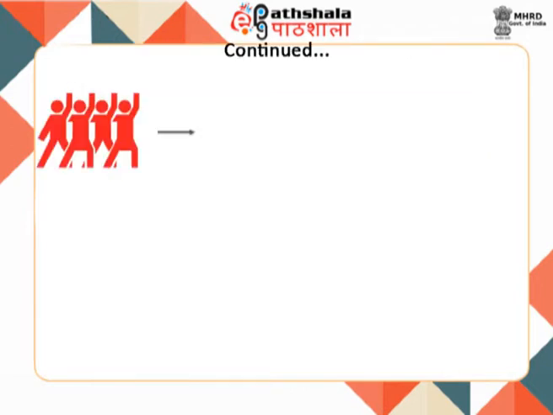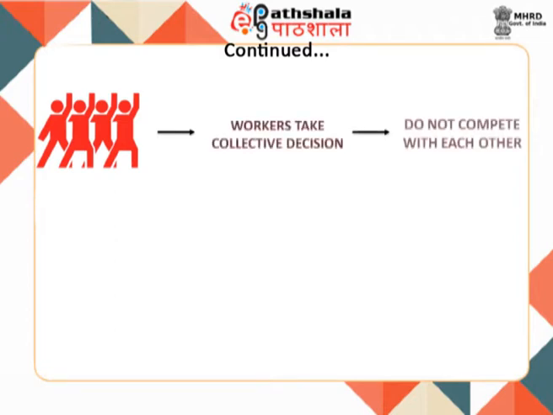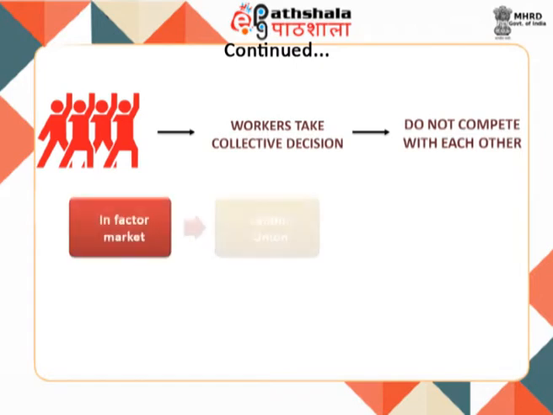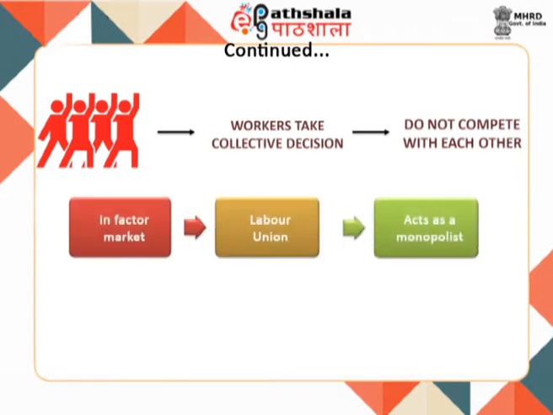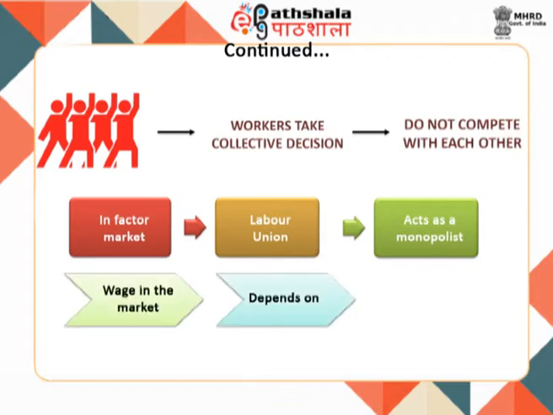In other words, a labor union is an organization in which all the workers take a collective decision rather than competing with each other. That is, in the factor market, the labor union acts as a monopolist. Hence, wage in the market depends on the different goals of the labor union.